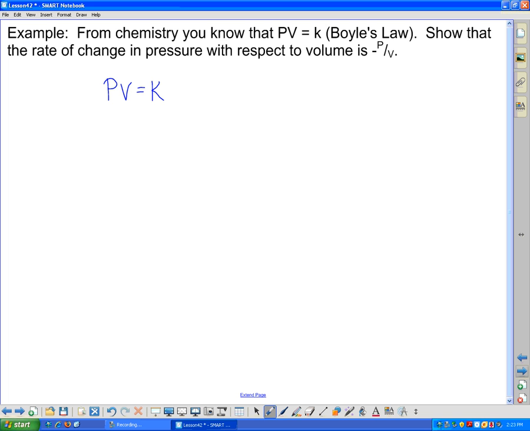So we're going to take the derivative with respect to volume. All right. What does that mean? It means we need to be aware that we have two variables multiplying each other, which means we're going to have to use our product rule for derivatives.